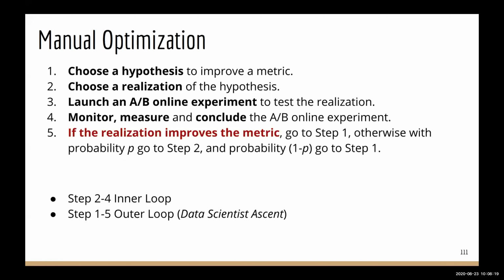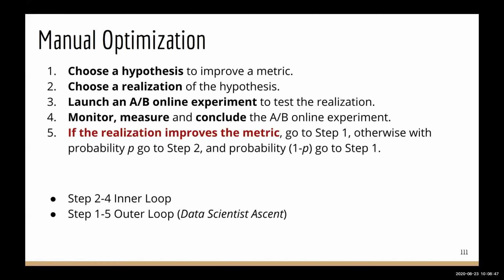Launching an A/B test, in some companies it's completely automatic, but in a lot of companies, it's still kind of manual. You have to implement the idea, you have to do various things and launch the A/B test. And the fourth step: monitor, measure, conclude. You have to look at your dashboard. You have to make sense of some metrics, and so on and so forth.